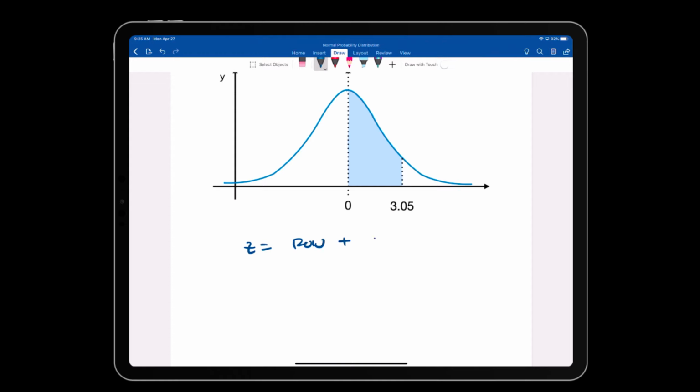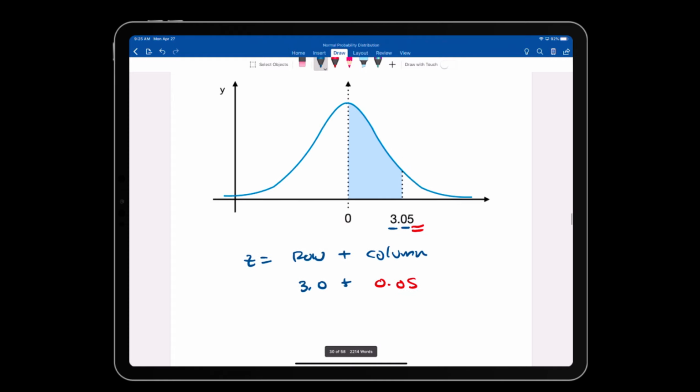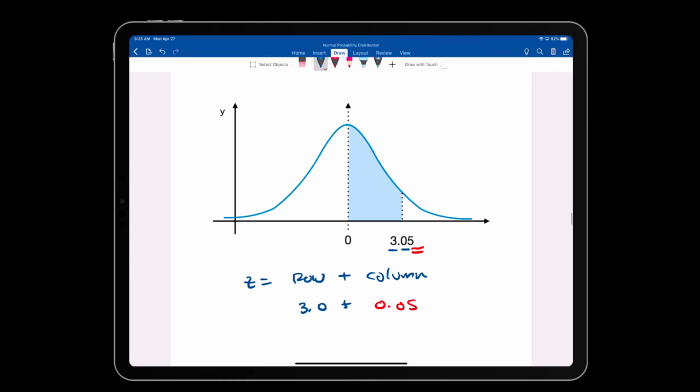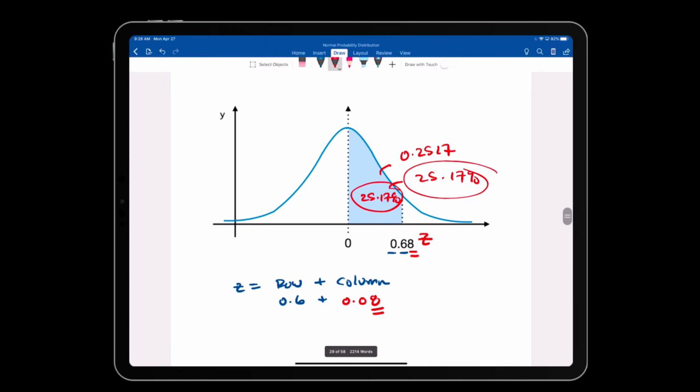A row plus a column, ladies and gentlemen, the 3.0 row, don't forget the 0.5 column, because that 5 there is in the 100th position. So 3.0 row, 0.05 column. This is going to give us what percent of the bell shaded using the table.